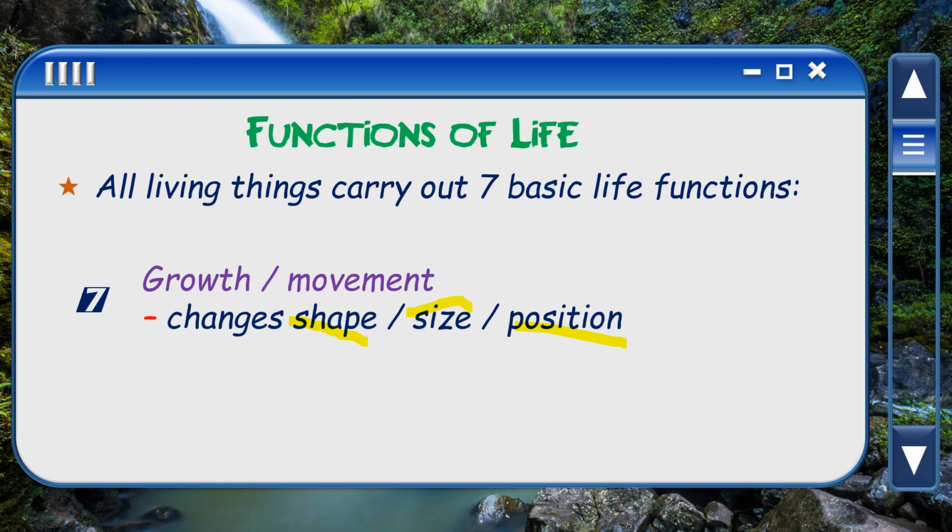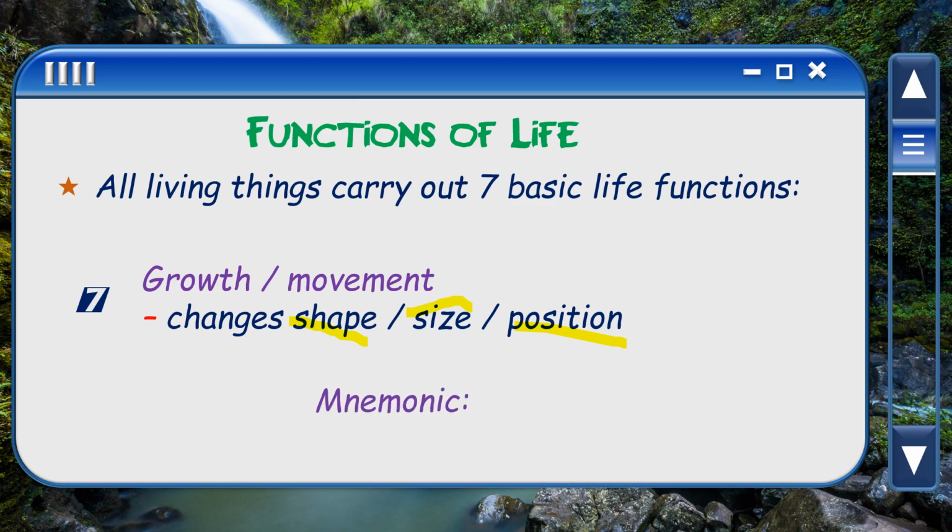For example, plants cannot move from one place to another, but they can change position by growth. Then we have other organisms, animals and so on, that can move from one place to another. So those are the 7 basic life functions of all living things.